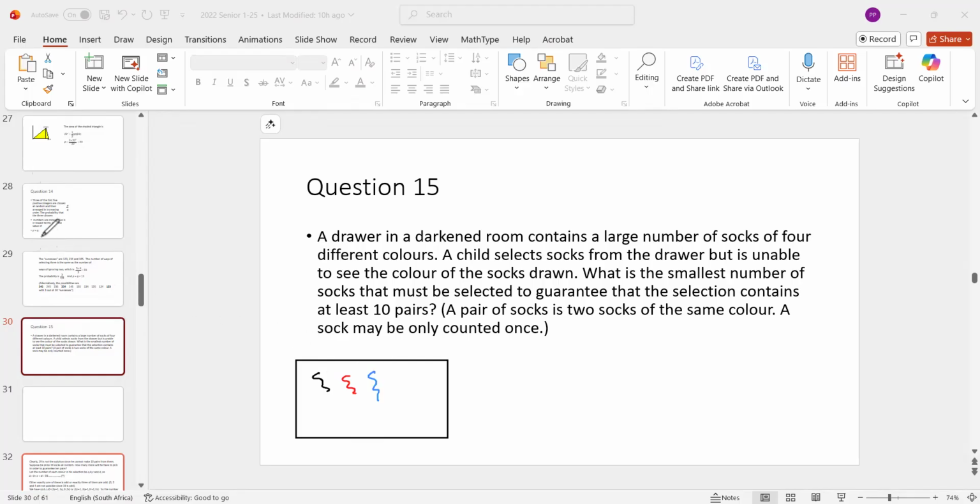Blue socks. Or you could have had maybe brown socks. So you got 4 different colors and they're all over the place. A child selects socks from the drawer, but is unable to see the color of the socks drawn. What is the smallest number of socks that must be selected to guarantee that the selection contains at least 10 pairs? Oh, this child has got all the time in the world.